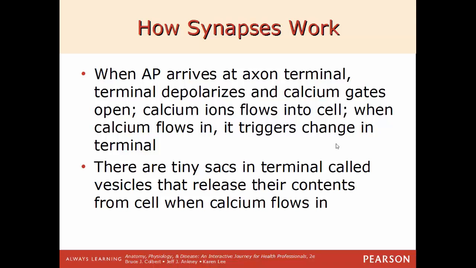So when the action potential gets to this point, the presence of that action potential causes calcium channels to open. This will cause calcium ions to flow into the end of the axon. As the calcium flows into the axon, this will cause vesicles that contain neurotransmitters inside them to release those neurotransmitters.